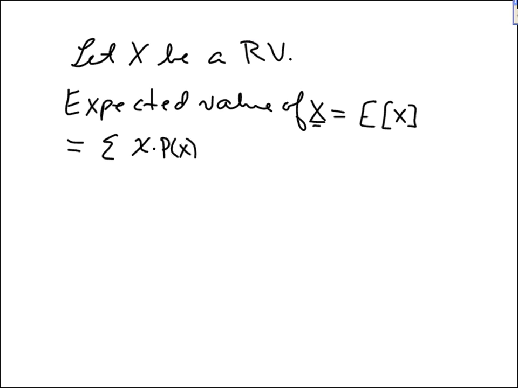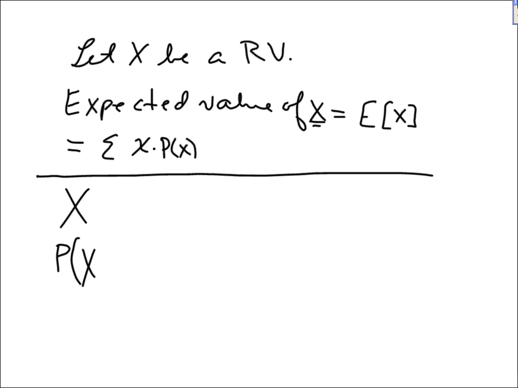Okay, so we toss our die, and the random variable x is the value of the roll. What's the expected value? So you have x, you have P of x. What are the possible values when you roll a die?